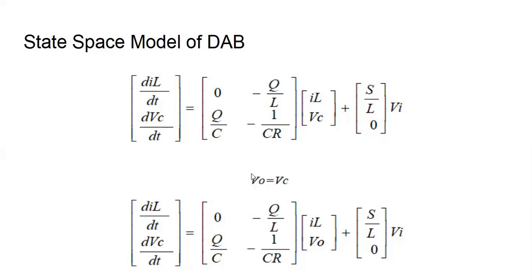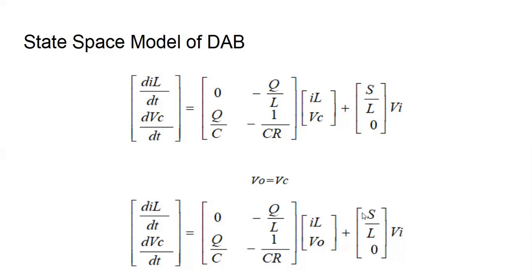Since V naught is equal to VC, we can write the state space model in terms of V naught as dIL by dt, dVC by dt equal to 0, minus Q by L, Q by C, minus 1 by CR, into IL, V0, plus S by L, 0, Vi.